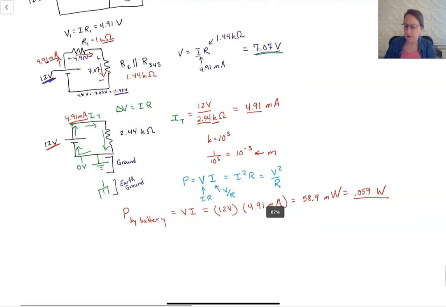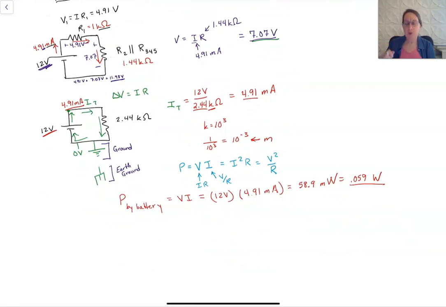Just for reference, the very smallest resistors that you had in class, so when you had the little resistors with the codes right on them, I know they were colored codes, the smallest ones were 1/4 watt resistors. The next size up is about a 1/2 watt. I think you have 1 watt resistors.